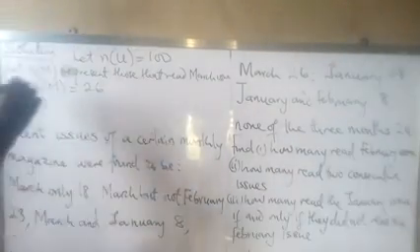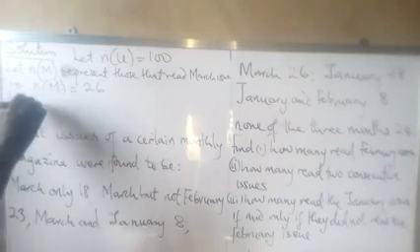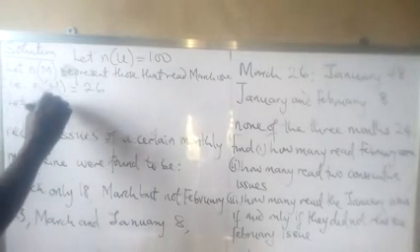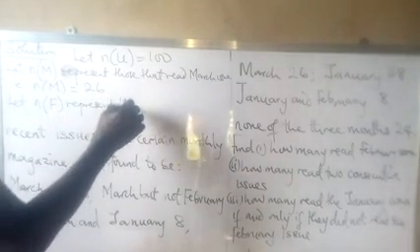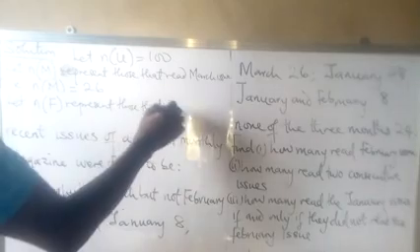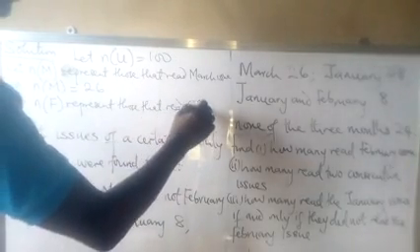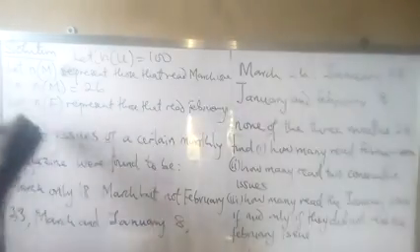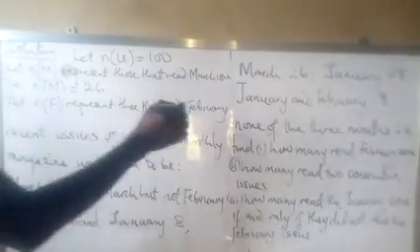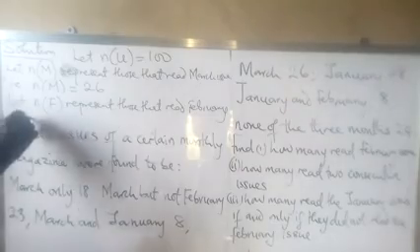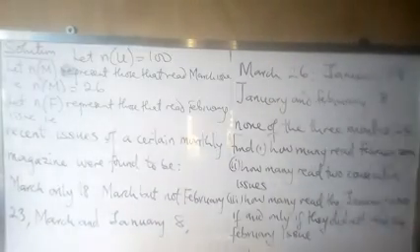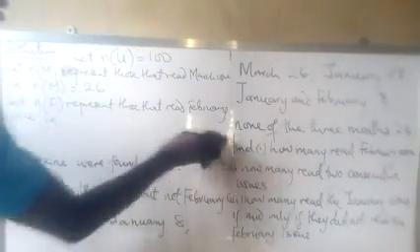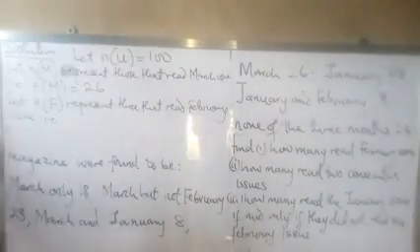Because we have 3 magazines there, let N of F represent those that read the February issue. Are we given the February issue? We don't know. That's what we have to find. Okay, we don't know yet.